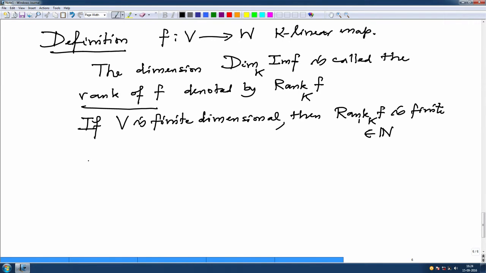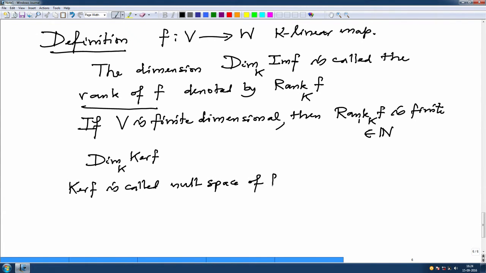Similarly, some people also call the dimension of the kernel, the kernel is also called null space, null space of F. And with that also some people call the dimension of the kernel as nullity, and that is also finite. It is a natural number if V is finite dimensional.